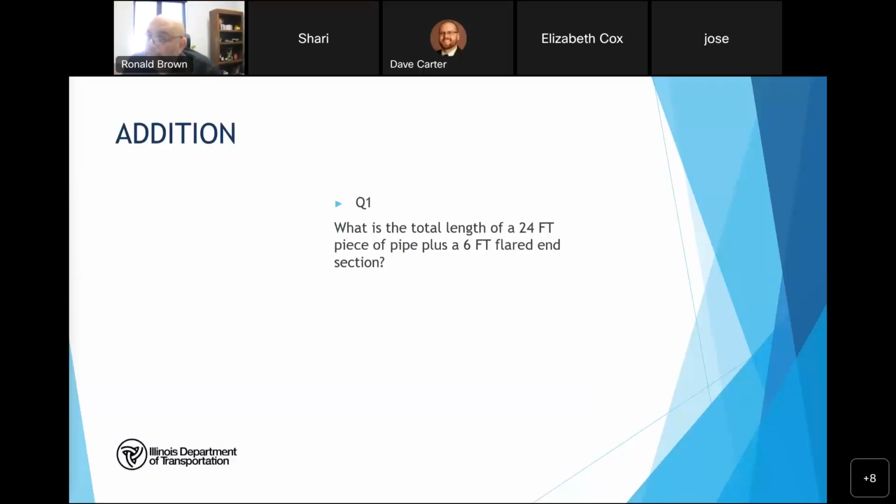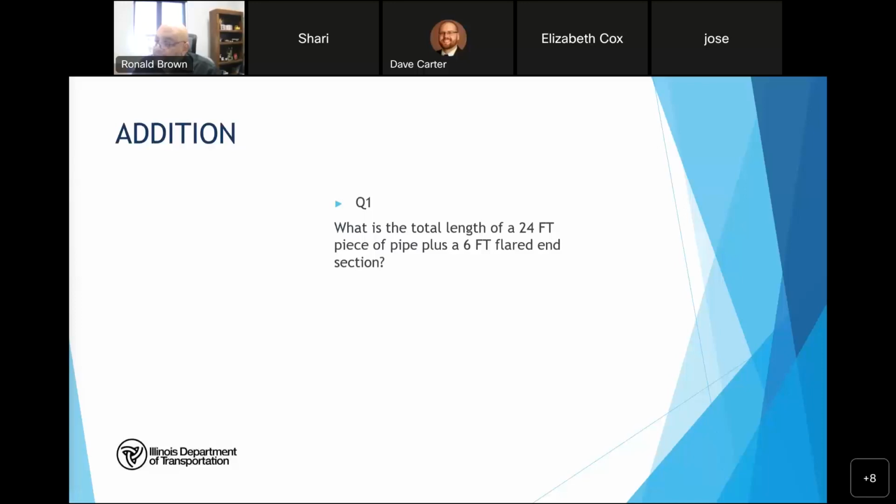In our practical application problem solving, we'll start with addition and subtraction, and they're probably the most common types of math you'll encounter in construction. So we'll start off very basic with question 1 for addition.